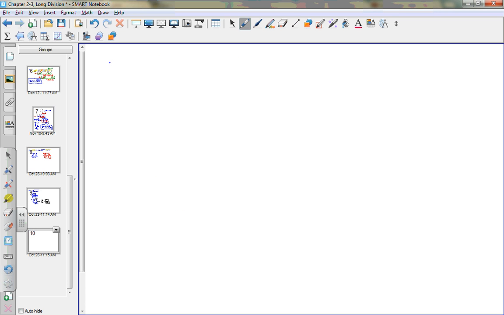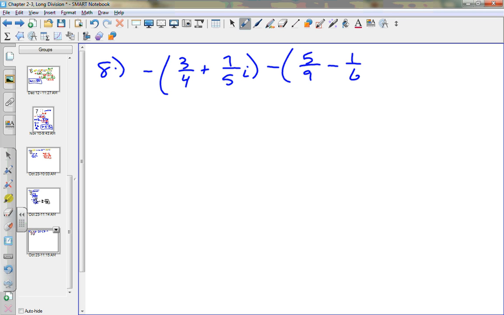Assuming number 8, just because it's fractions, you guys apparently fall at your knees at them. Immediately I'm going to distribute here. So that's negative 3/4 minus 7/5 i minus 5 over 9 plus 1 over 6i. Combine like terms.